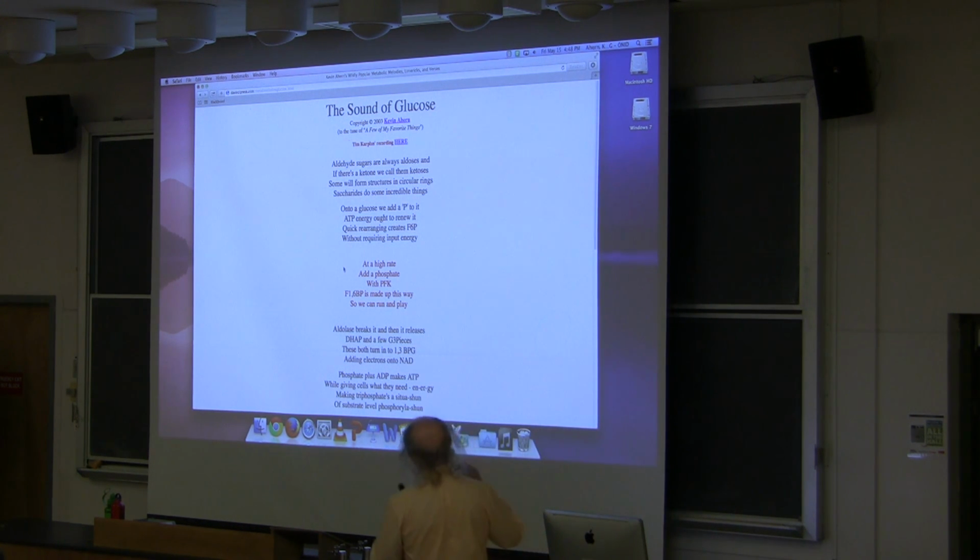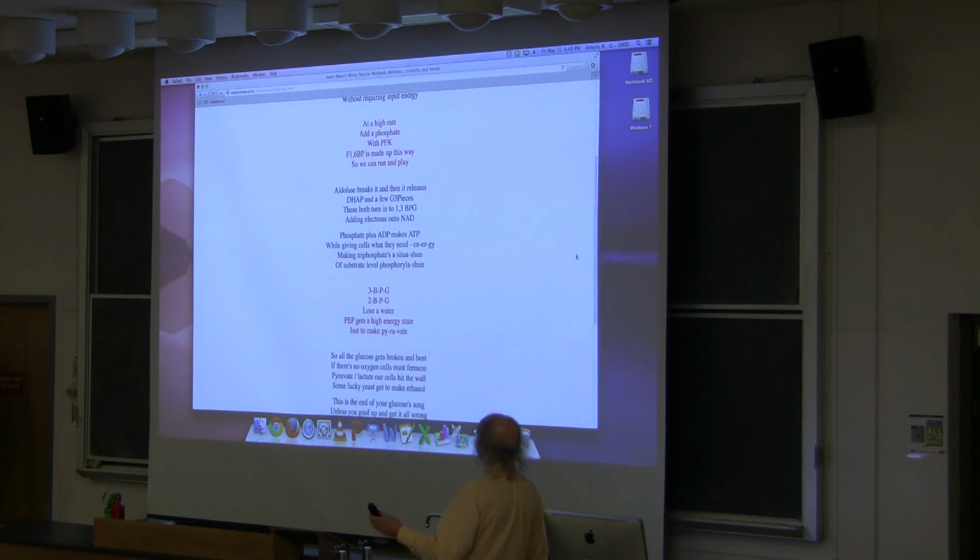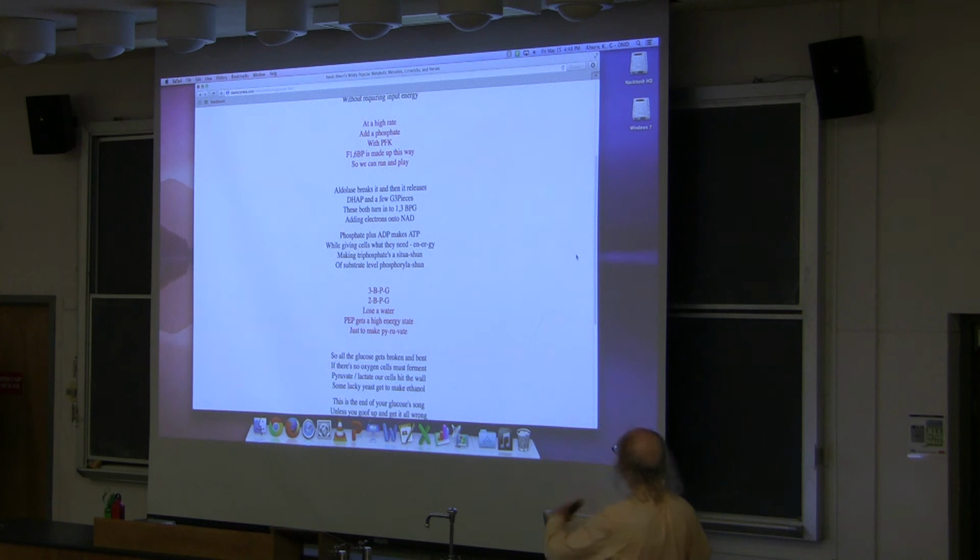Quick rearranging creates F6P without requiring input energy. At a high rate, add a phosphate with PFK. F16BP is made up this way, so we can run and play. Da, da, da, da, da, da.